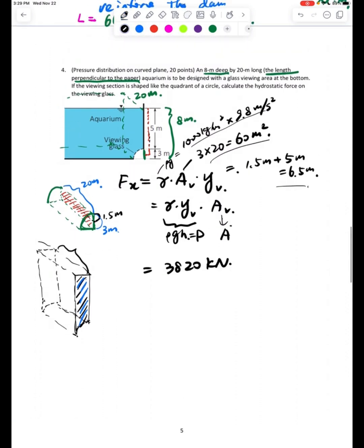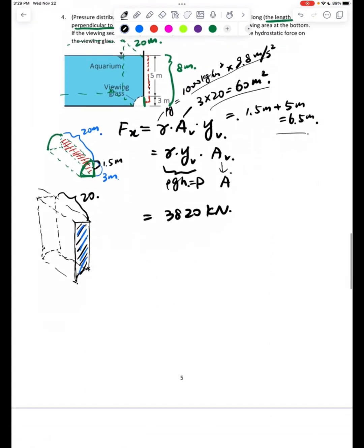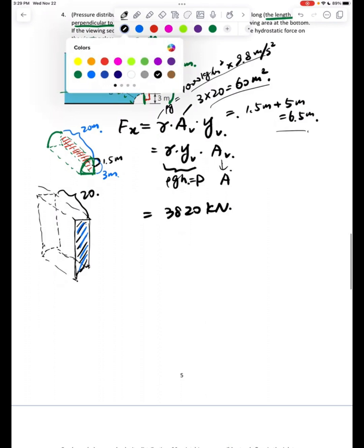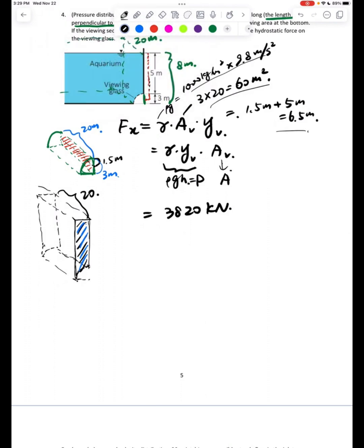How to calculate this one? It equals this rectangle minus a quarter of a circle, right? So A blue equals, here is 3 and here is 8.